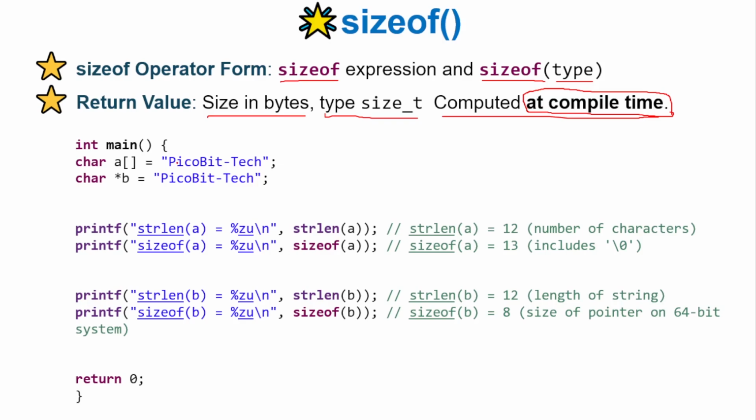In this example, we define two strings: A, which is a character array initialized with the text picobit tag, and B, which is a pointer to the same string.